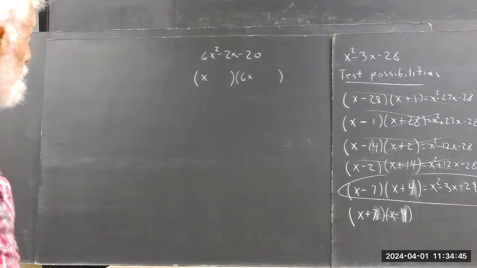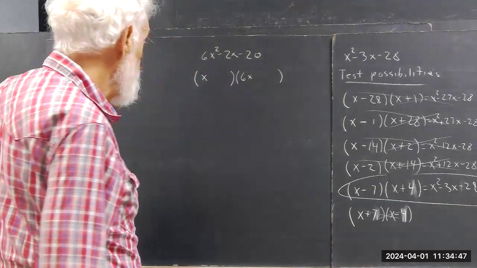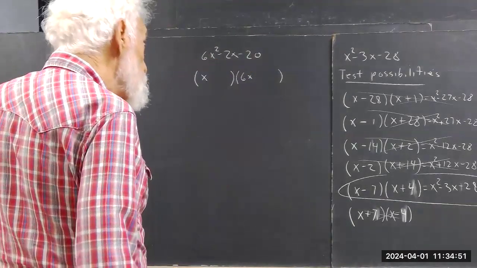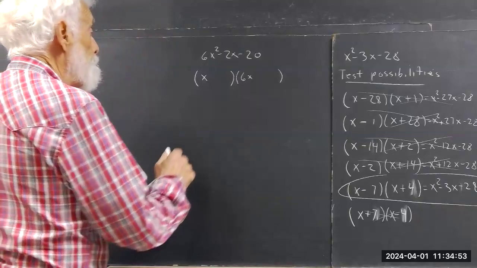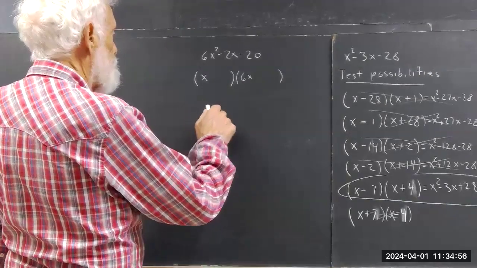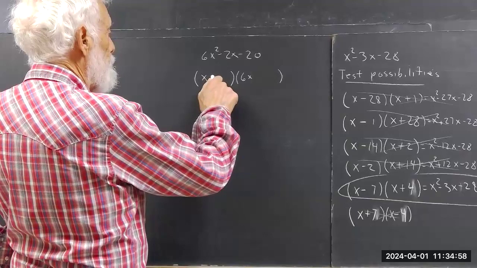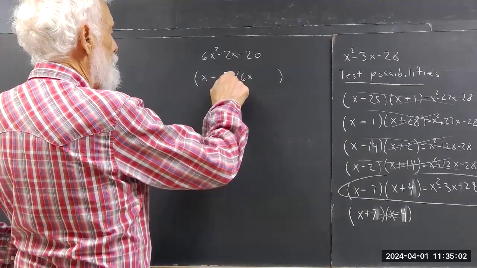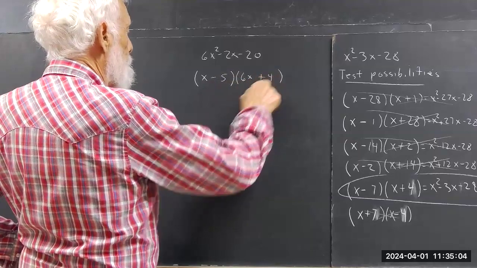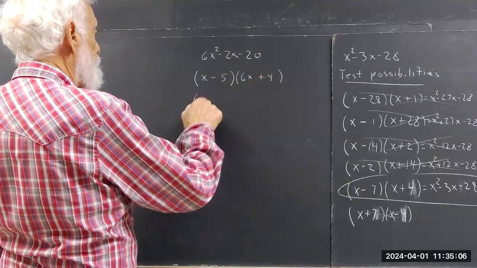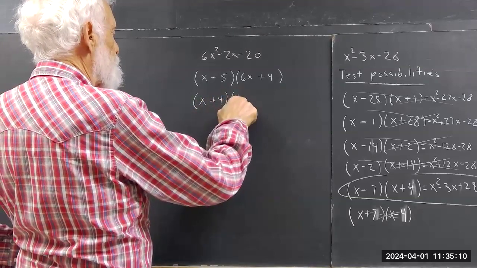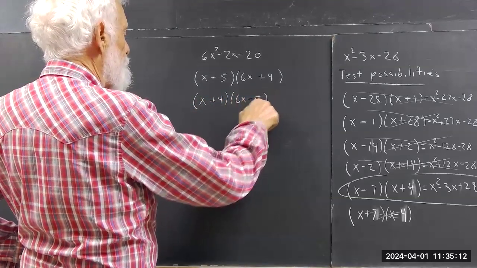Okay, so if you start with an x and 6x, what are your possibilities? Well, negative 20 gives you a bunch of different possibilities. Okay, so it could be with negative 5 and a plus 4. Or it could be with an x plus 4 and a 6x minus 5.